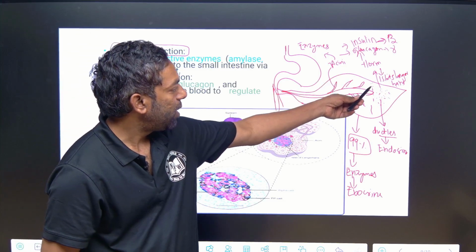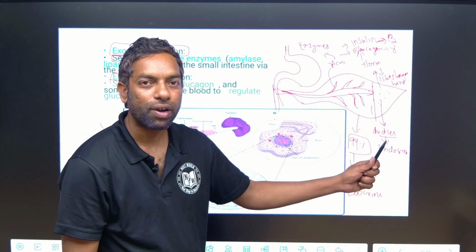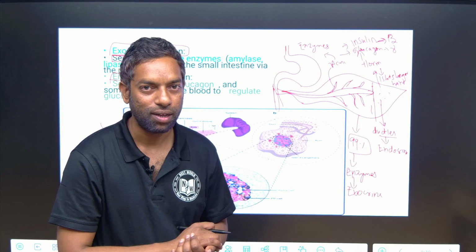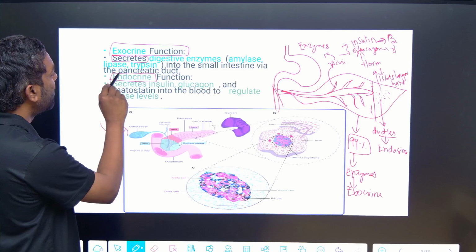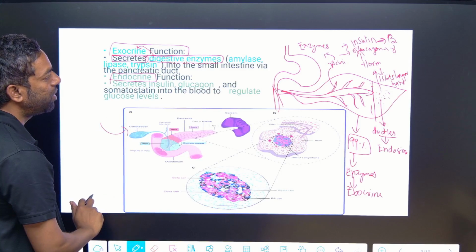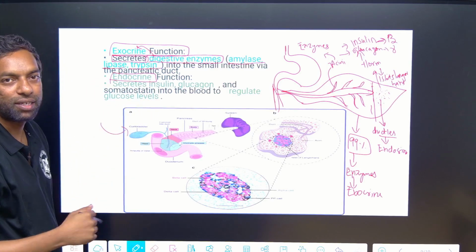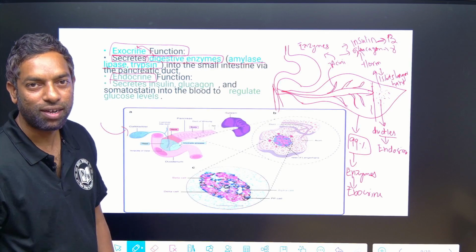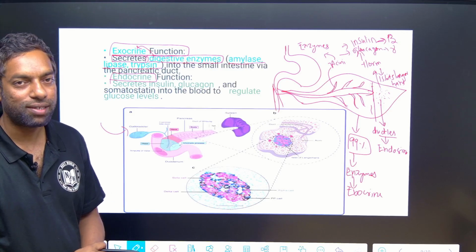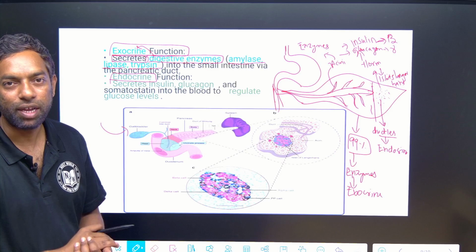Exocrine activity is 99% of the part, endocrine is 1%. Endocrine releases hormones, exocrine releases enzymes. Exocrine releases digestive enzymes, that is amylase, lipase, trypsin. Amylase is used for carbohydrate digestion, lipase for lipid digestion, fats, and trypsin is a digestive enzyme for protein.